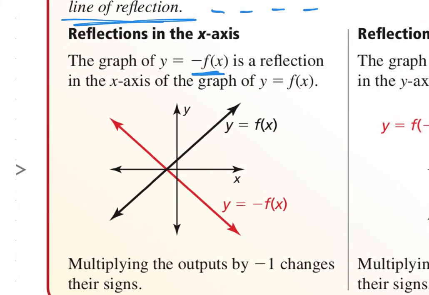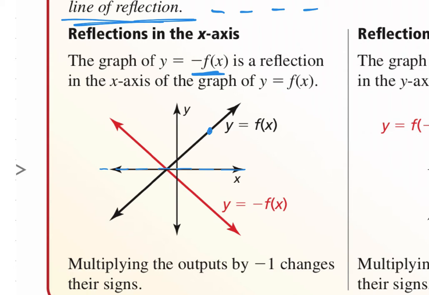So, in the example where we are reflecting over the x-axis, I want you to draw a line of reflection, a dotted line, at the x-axis. Every point on your black line is going to be reflected over that line of reflection. So let's say we had a point up here.